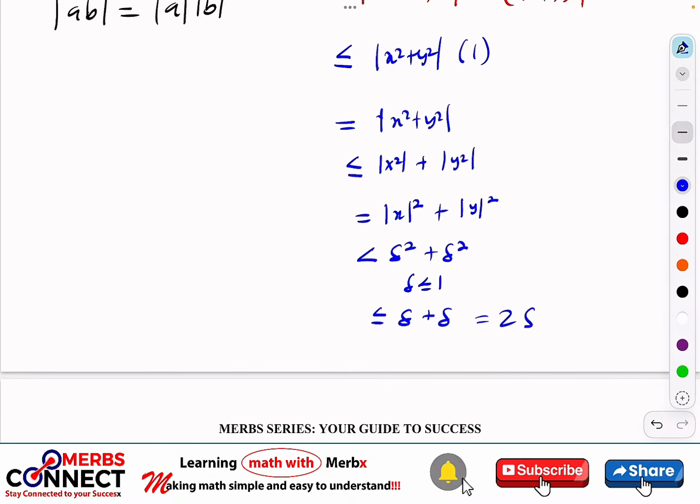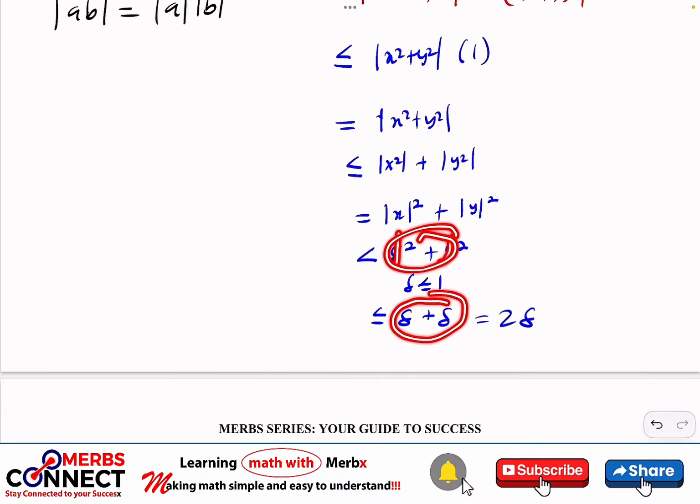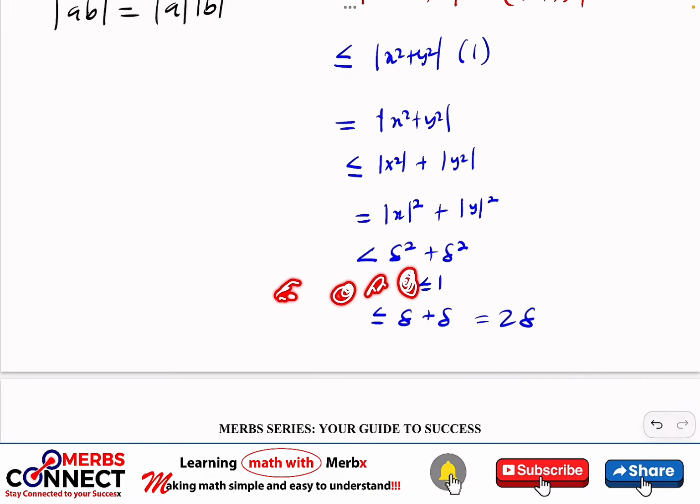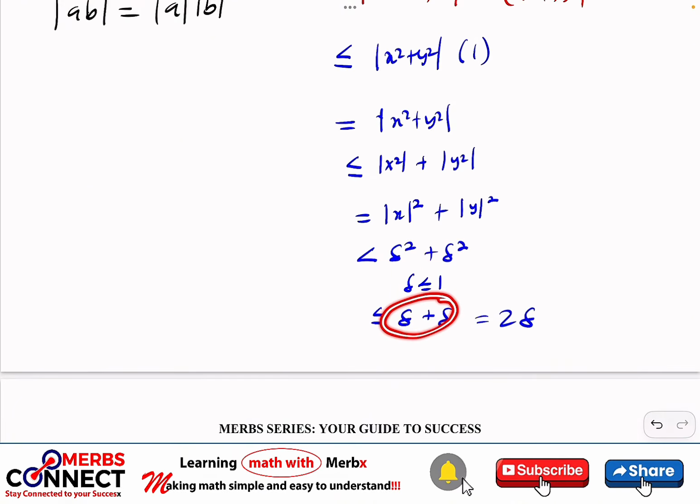So when I plug in 1 here, this is going to be 2. This is also going to be 2. But when I pick anything less than 1, remember, delta is greater than 0. So there's no way we can choose something like 0 or negative, because this one is squared.